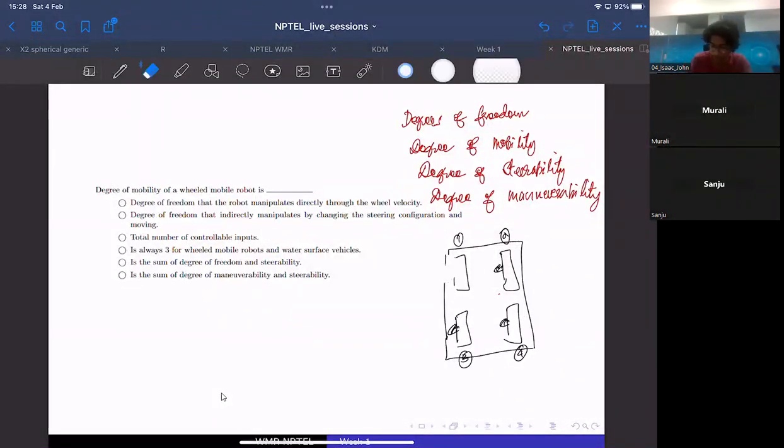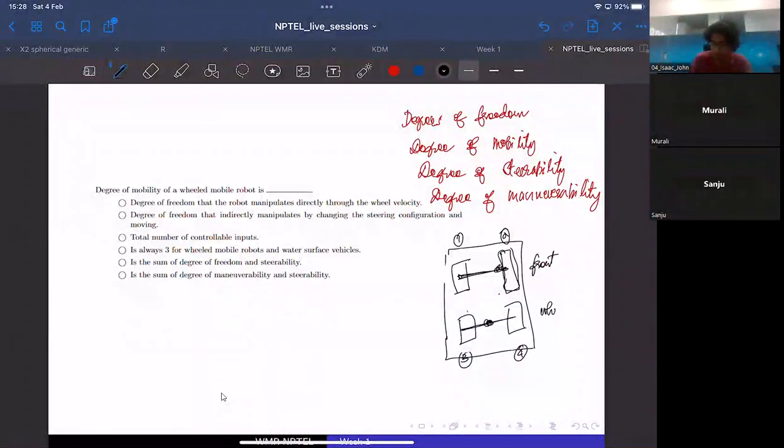Another example would be if we are using a single motor to manipulate the wheel velocity of 2 wheels. We can connect 2 wheels through a common axle. Again, if you are using a single common motor, the motion is transmitted to the 2 rear wheels. These are the front wheels.